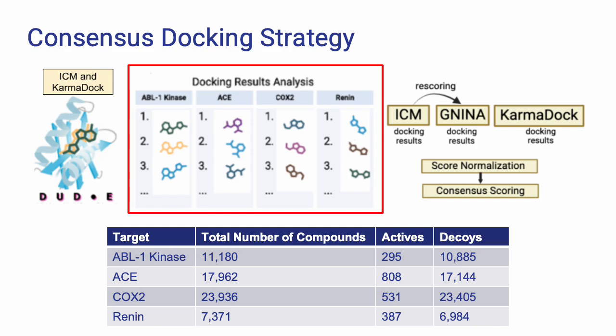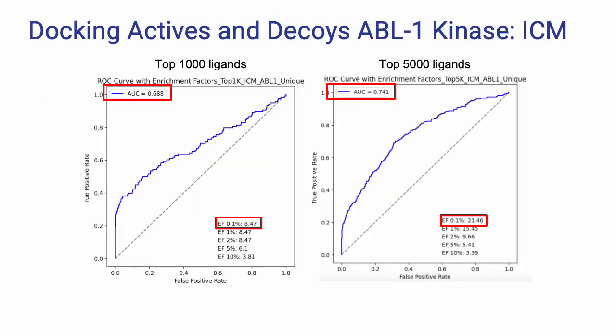After validating both protocols, we evaluated their ability to distinguish between active and decoy compounds using AUC, area under the curve, and EF, enrichment factor values. Starting with ABL1 kinase, ICM had AUC values of 0.69 for the top 1,000 ligands and 0.74 for the top 5,000 ligands, indicating moderate discrimination between actives and decoys.